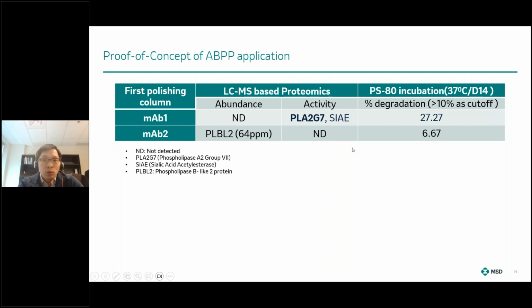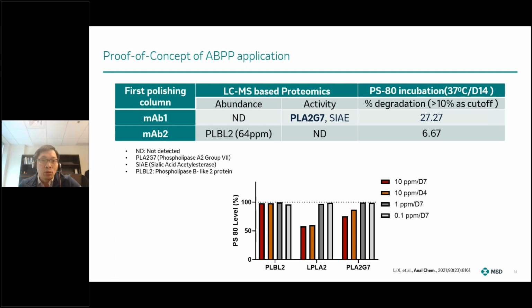To confirm that PLA2G7 really has an impact on polysorbate degradation, we did spiking experiments. We saw PLA2G7 was able to degrade polysorbate both time and dose dependently. In this case, PLBL2 served as a negative control and LPLA2 served as a positive control.